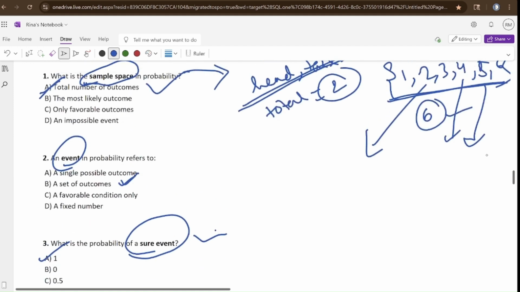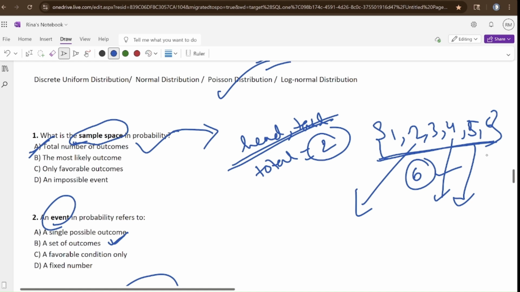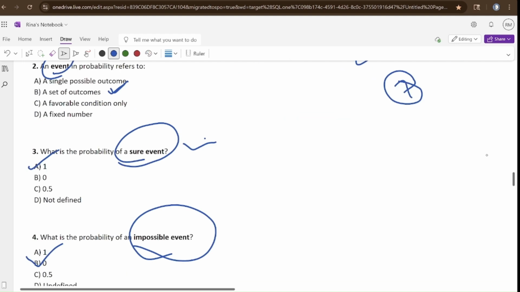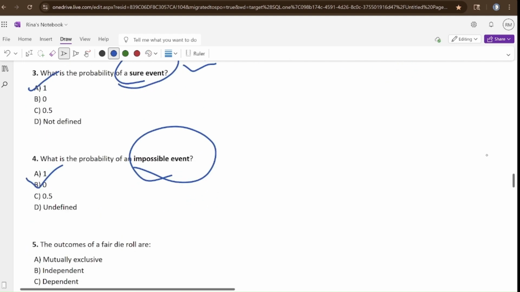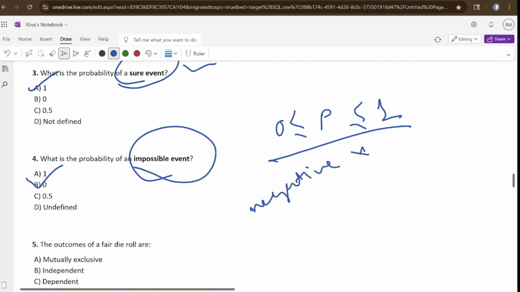If I roll a die and I expect the outcome to be 7, will that ever happen? No, because there is no 7 in the die, right? So that is an impossible event. So that is why the range of probability is between 0 and 1. Okay, it cannot be less than 0, it cannot be negative number, right? Or it cannot be more than 1. If it is sure, then it will be 1 only. Fine.